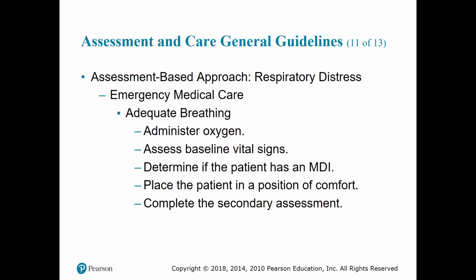If not, provide oxygen via an appropriate device to maintain an O2 sat of 94. Try to keep the patient in a position of comfort. If they have the indications for administration of their metered dose inhaler, you can administer that with approval by medical control.